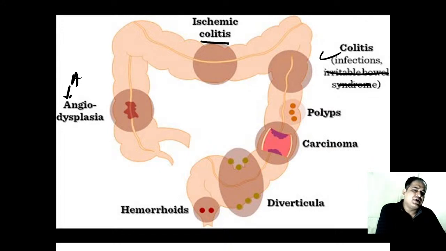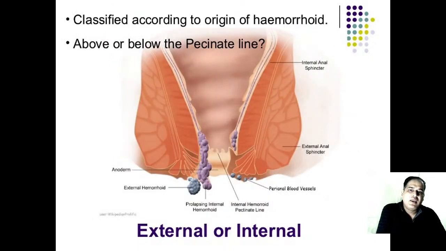Irritable bowel syndrome does not cause bleeding. Polyps, carcinoma, diverticular disease, the most common cause of bleeding originating from the descending colon. And in the rectoanal region, it is the hemorrhoids.